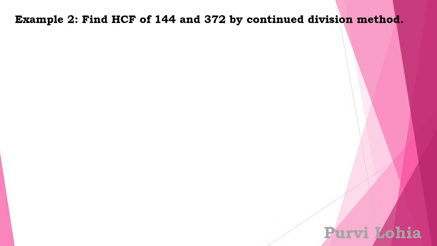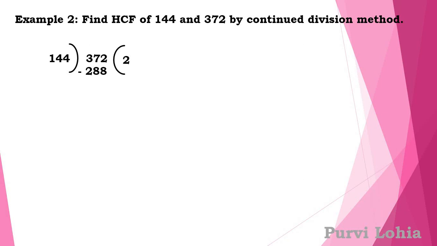Next example. Find the HCF of 144 and 372 by continued division method. Now what will we do? We will divide 372 by 144. How many times will it go? Two times, 288.